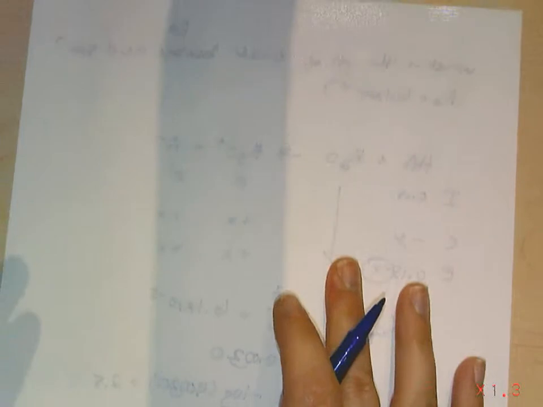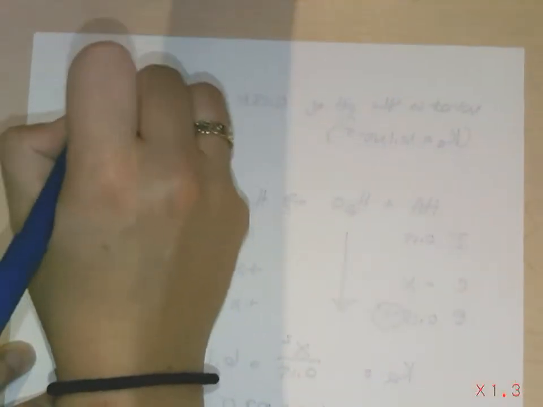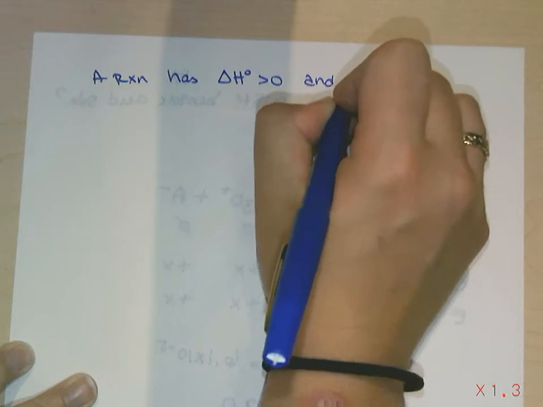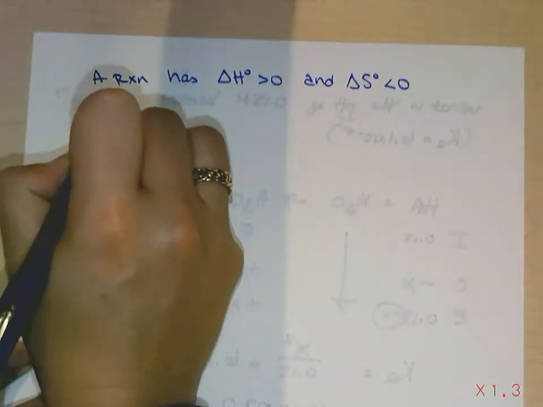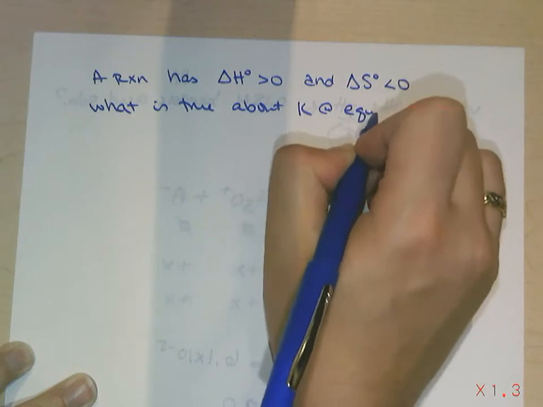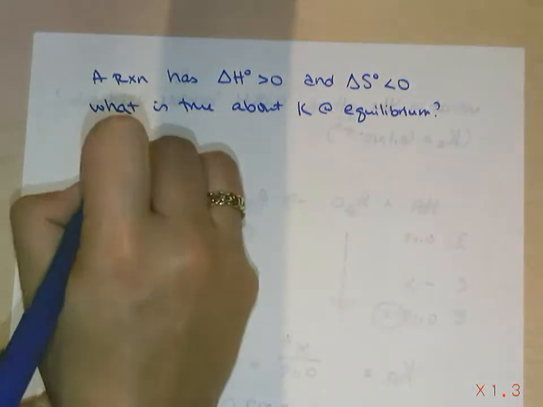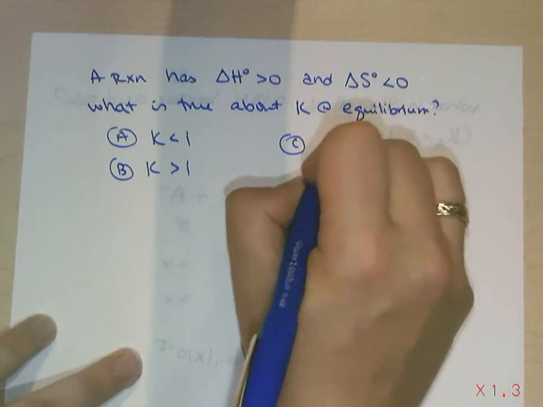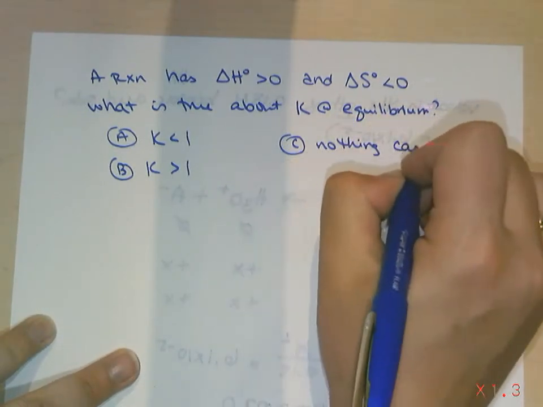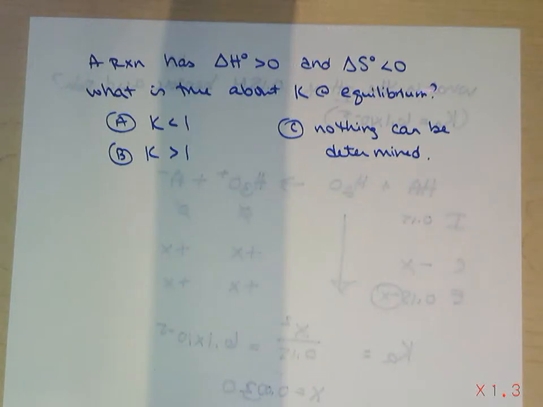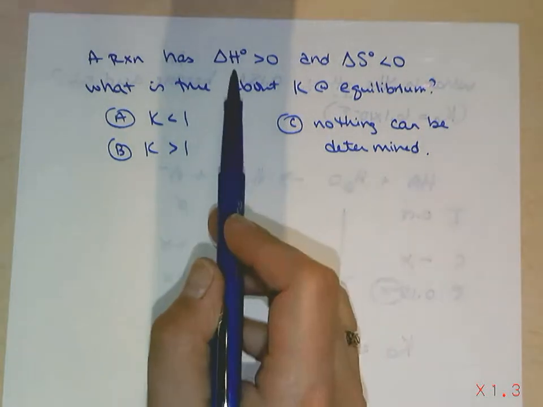So let's have one of those reading comprehension questions. Let's say, all right, I have a reaction that has a positive delta H and a negative delta S. If it's positive delta H, is that exothermic or endothermic?